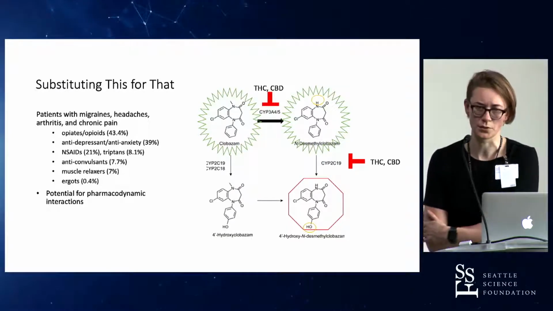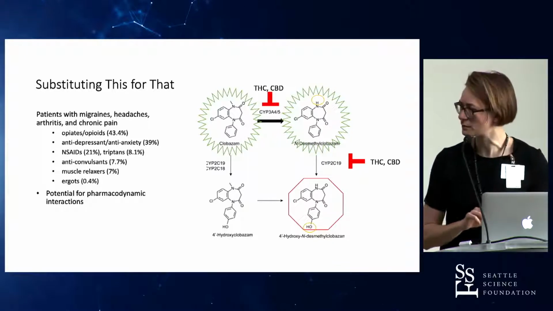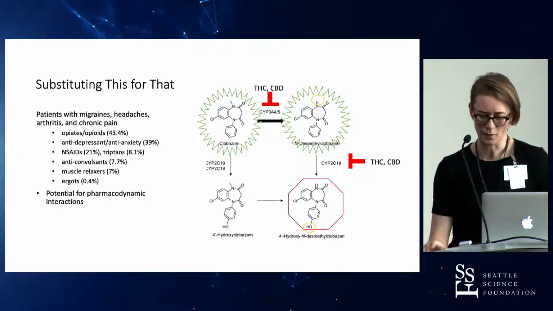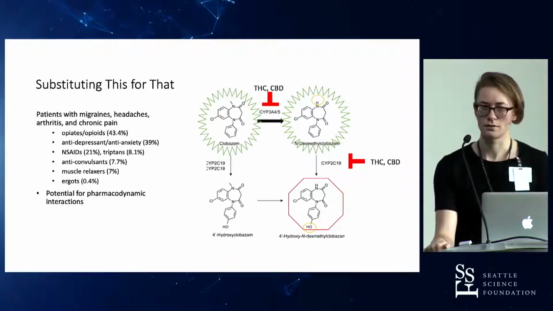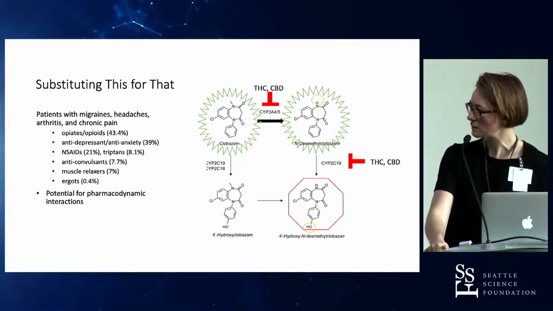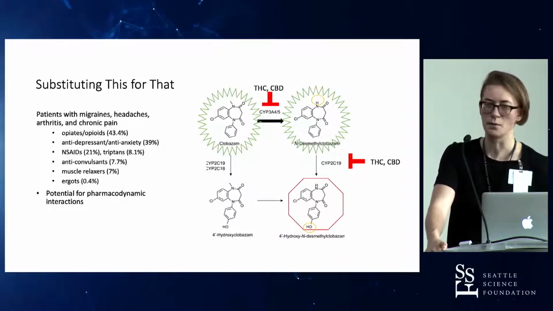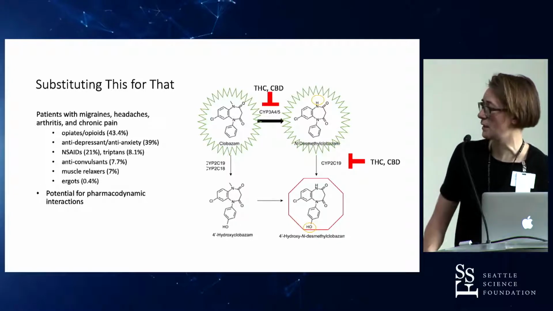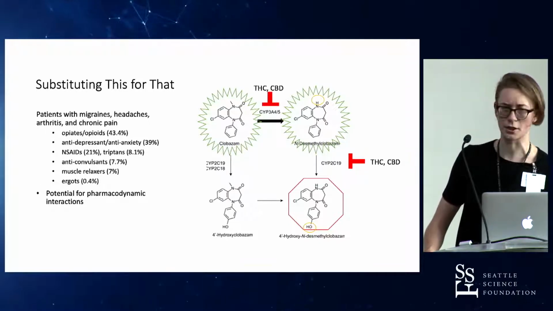the FDA approved dronabinol and the other ones, and those have side effects of nausea and dizziness, so it may potentiate that. And then I was talking about cardiovascular effects.